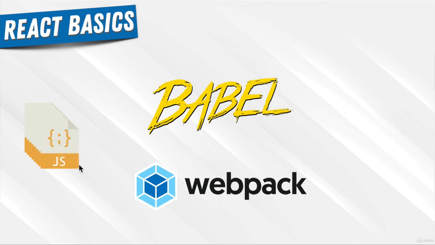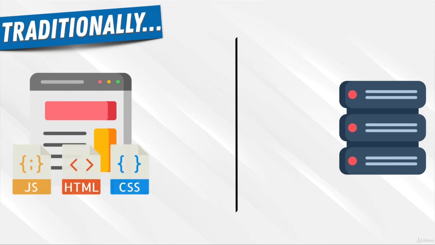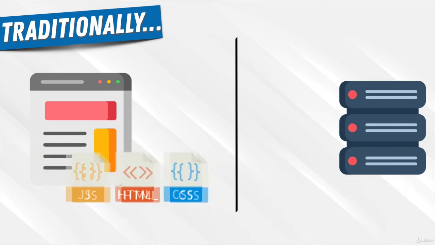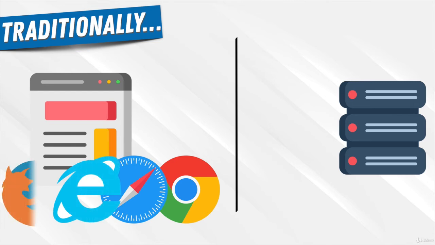What they're going to do is they're going to take these files, and Babel is going to do this thing first. Babel is going to say, hey, all these JavaScript files with that weird React syntax that we're not really too sure what's going on, well, I'm going to take all those files for you. And remember how traditionally we had all these browsers that implemented the browser differently?